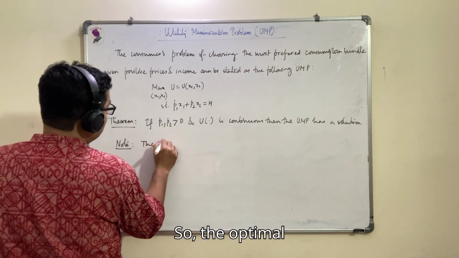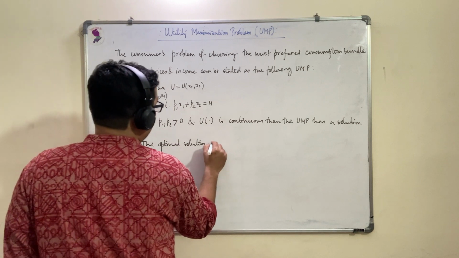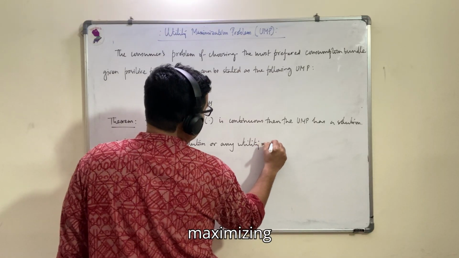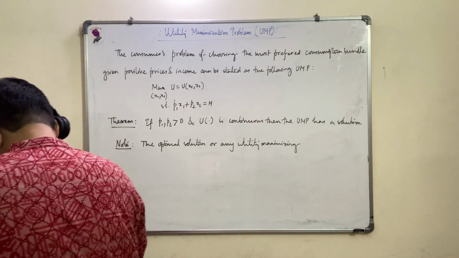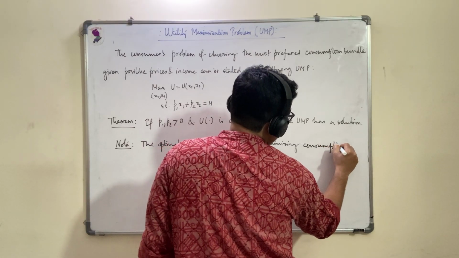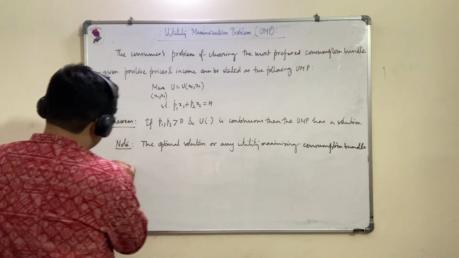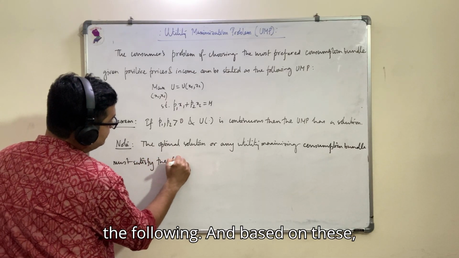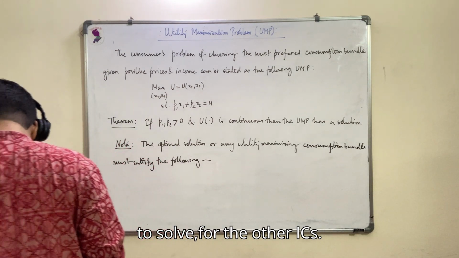So the optimal solution, or any utility maximizing consumption bundle, must satisfy the following, and based on these, what I am going to write, we are going to solve for the other ICs.